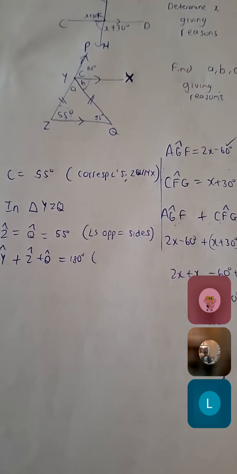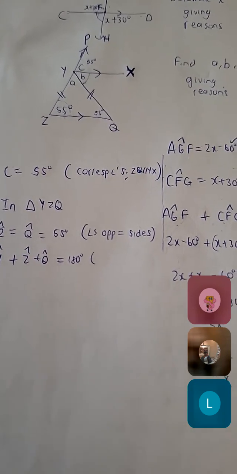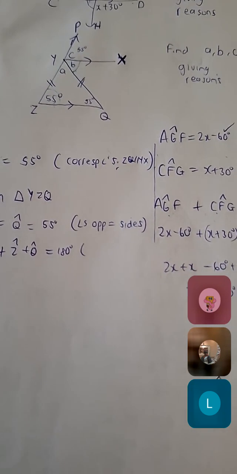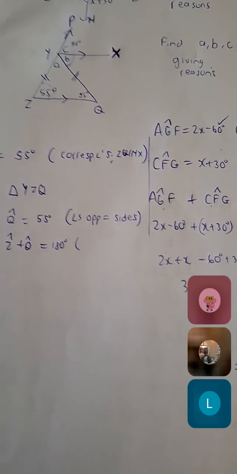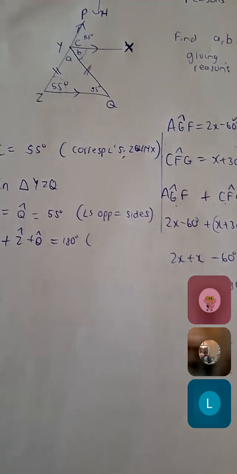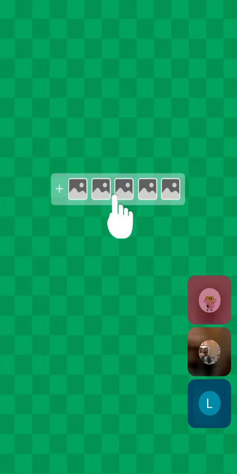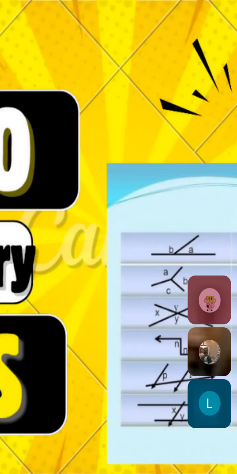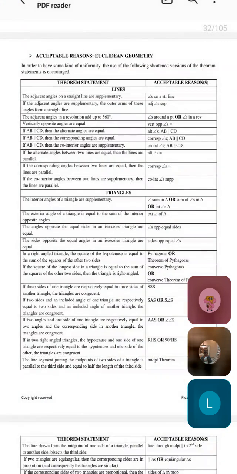Now remember the three conventional ways from our acceptable reason document. I'm encouraging you to use this approach. Let me go there again for the benefit of everyone. Under triangles, the interior angles of a triangle are supplementary.